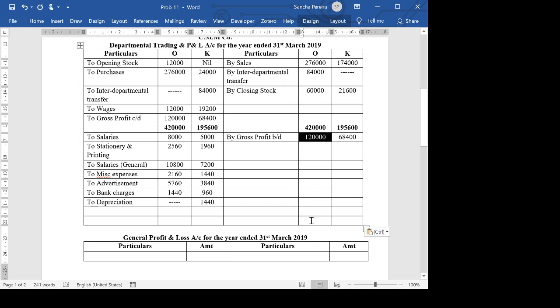So now we need to find out the net profit department wise. So 1,20,000 and 68,400. So to net profit carried down is, just do the calculation.